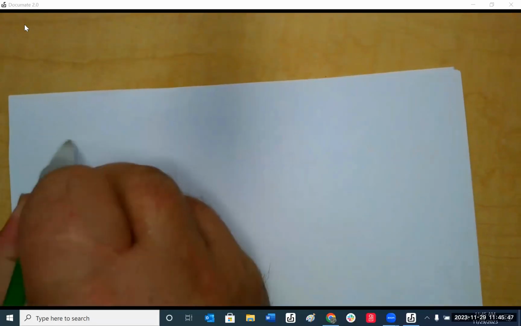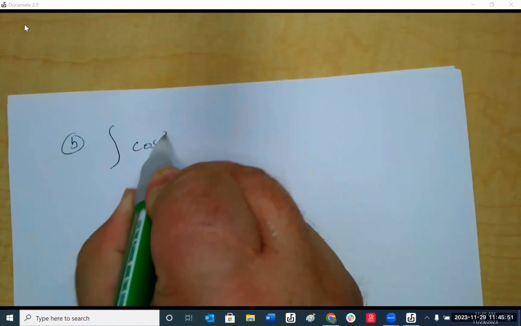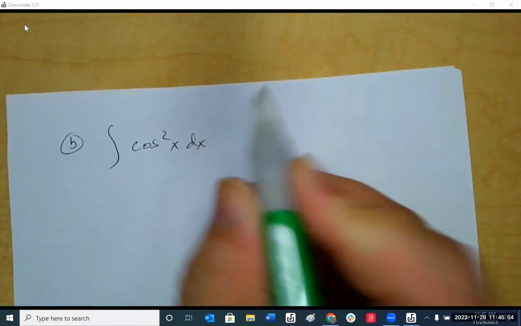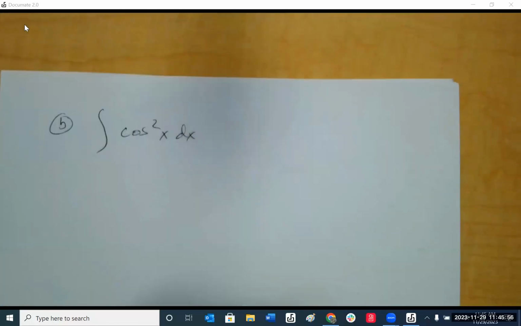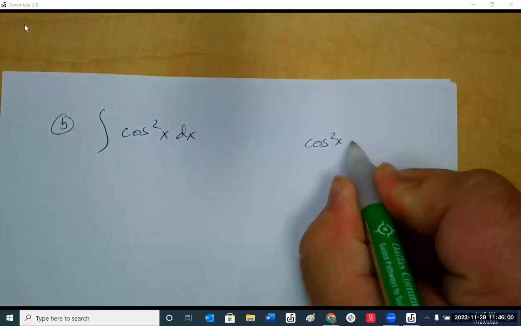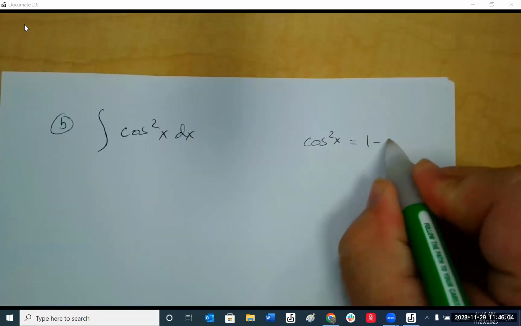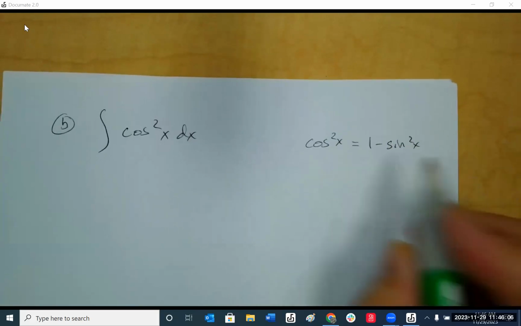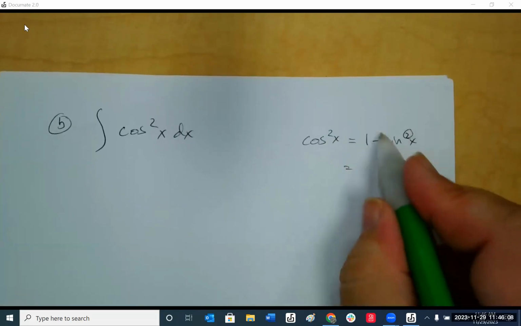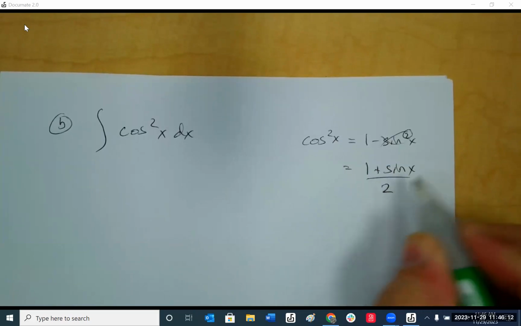Let's look at B. The integral of cosine squared x dx. We have to use the trig identities. Again, cosine squared x is the same thing as 1 minus sine squared x, but we still have a square, so that's not it. 1 plus sine x over 2?